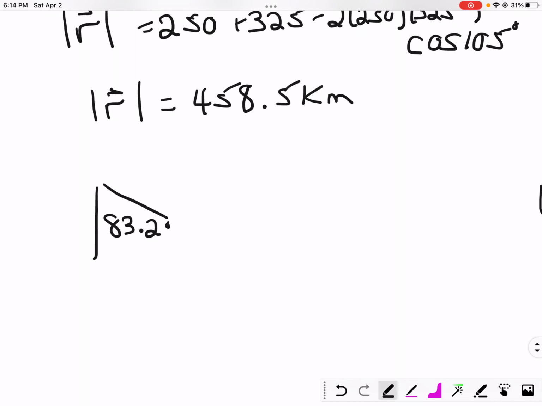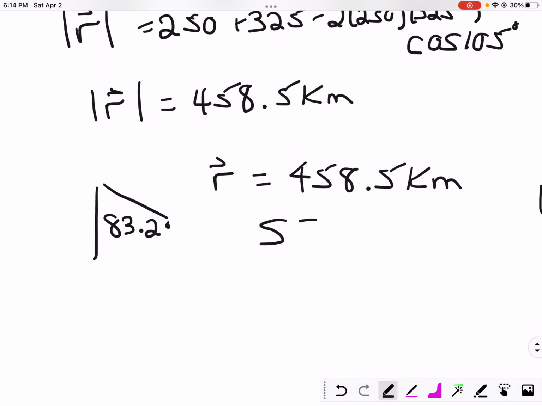Bottom line here is that we can say that vector r is 458.5 kilometers, and we can say from the south 83.2 degrees east. You could, if you wanted to, say from the east, that's going to be what, 6.8 degrees south. That's fine too. I'll write that down.